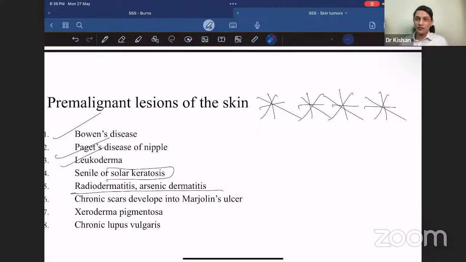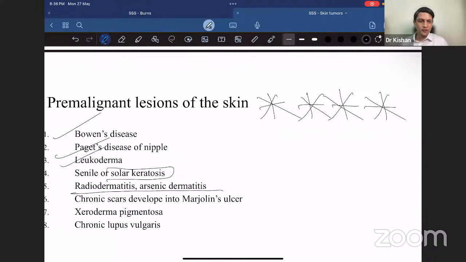Xeroderma pigmentosa. This can lead to all varieties of cancers. Again, what is the defect here in xeroderma pigmentosa? Can anyone say? Important MCQ. Which chromosome is involved? Come on. DNA repair, yes, correct. Excision repair defects, correct. Excellent. Purine or pyrimidine?